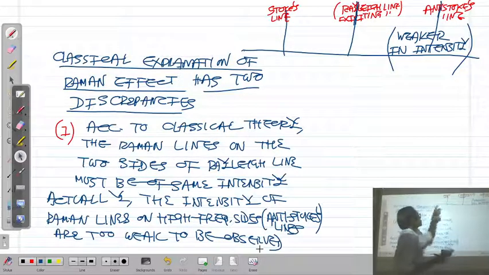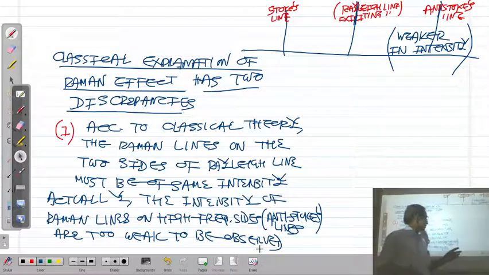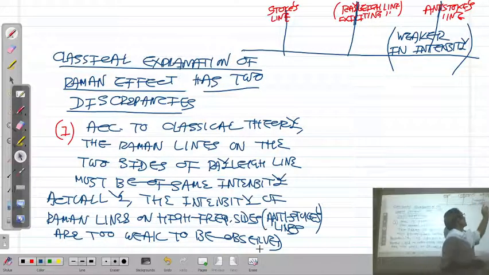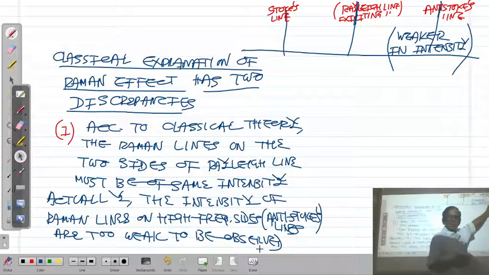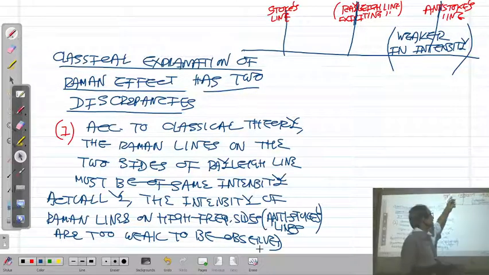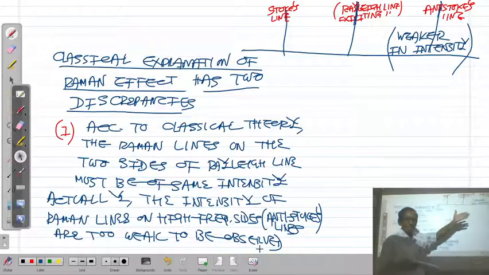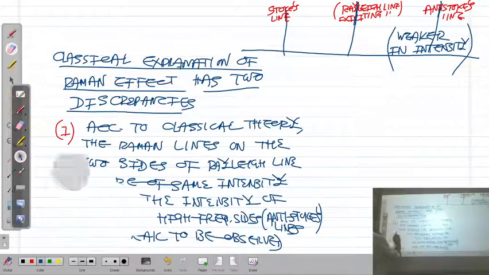So intensity of Stokes line is more, but the intensity of high frequency anti-Stokes Raman lines is weak. This is the limitation of classical theory, which cannot be explained on the basis of classical theory. Classical theory says the intensity of Stokes line and anti-Stokes line must be same, but actually the intensity of anti-Stokes line having high frequency is very low compared to the intensity of Stokes line.